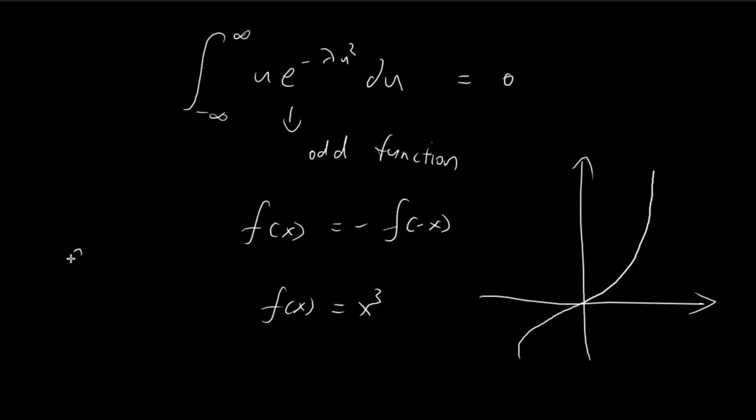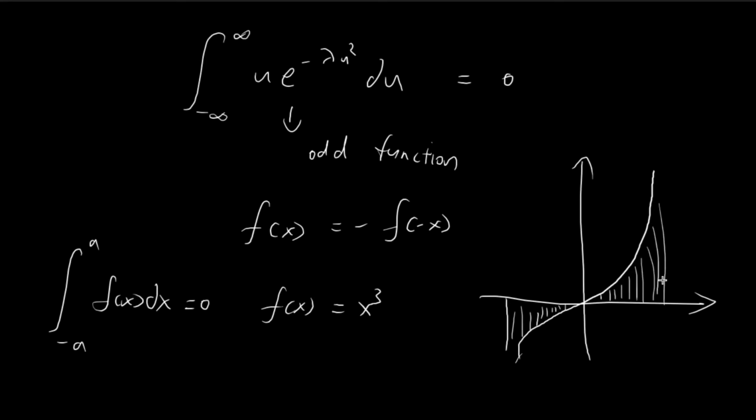For an odd function, if you integrate it from negative a to positive a, you will always get 0, because if you integrate it from negative a to 0, you're adding up all these negative contributions, so you have all this negative area. And when you integrate it from 0 to positive a, you have all these positive contributions. If you add them up, they just cancel each other out, so in the end you get 0.